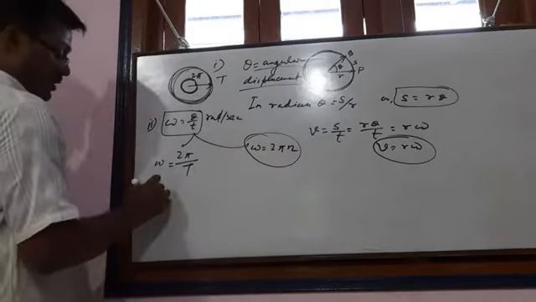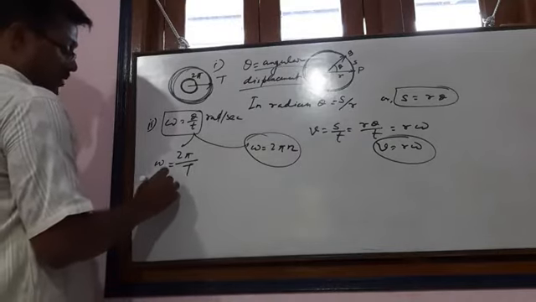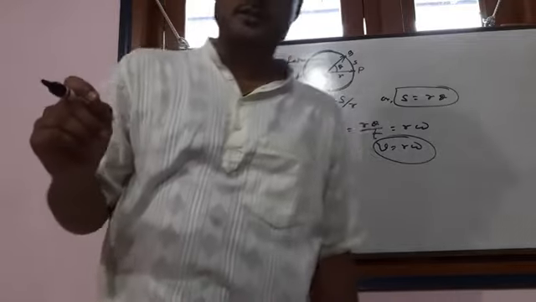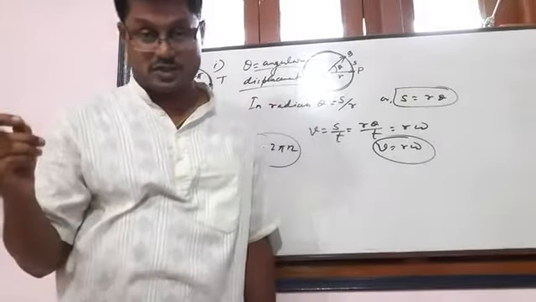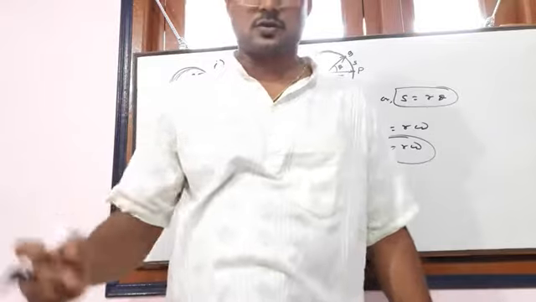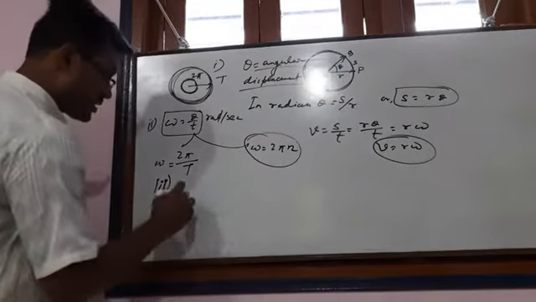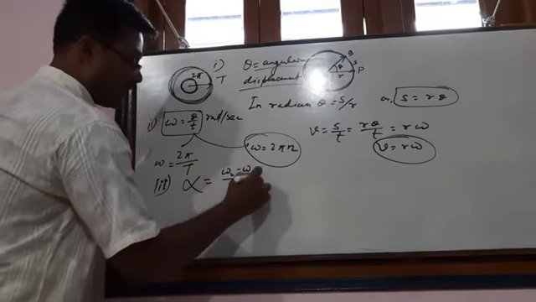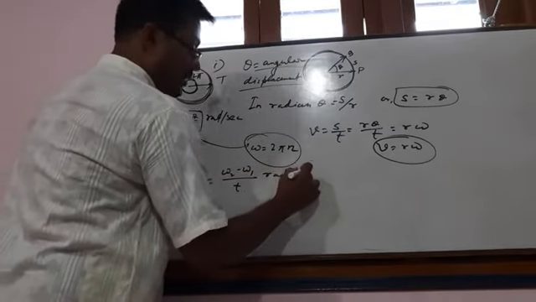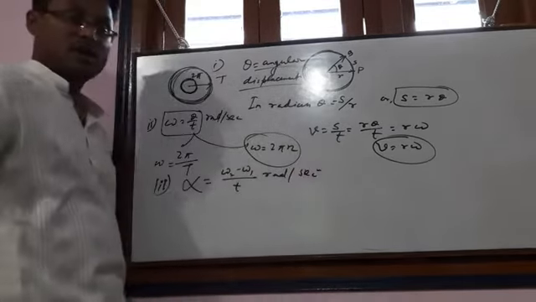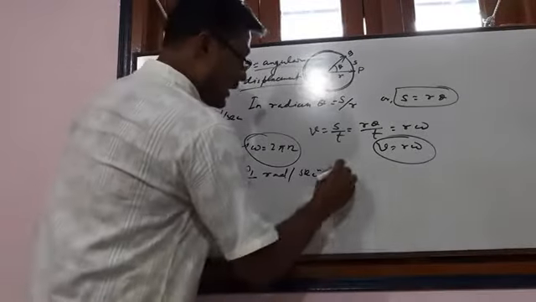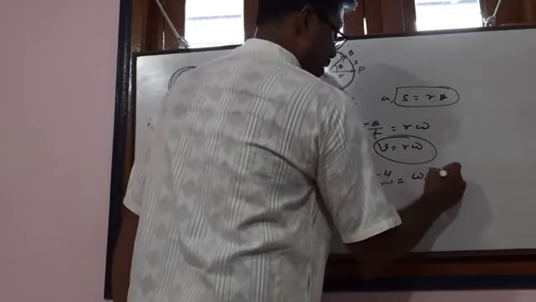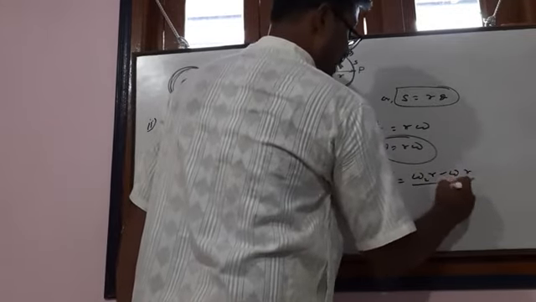Now number 3, angular acceleration. So these are the elements of circular motion: the angular displacement, angular velocity, angular acceleration. Angular acceleration is denoted by alpha equal to omega 2 minus omega 1 by t, in radian per second square. And we have linear acceleration f equal to v minus u by t, that is omega 2 r minus omega 1 r by t.